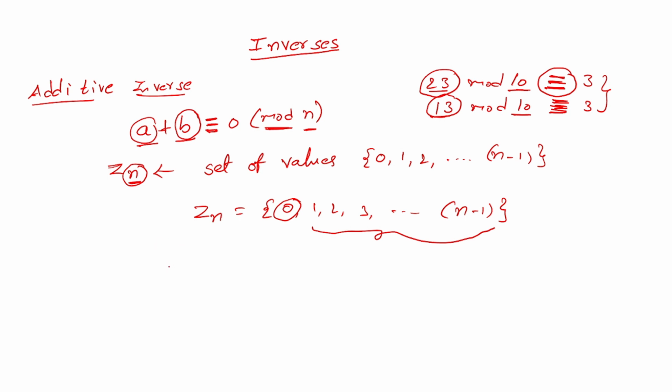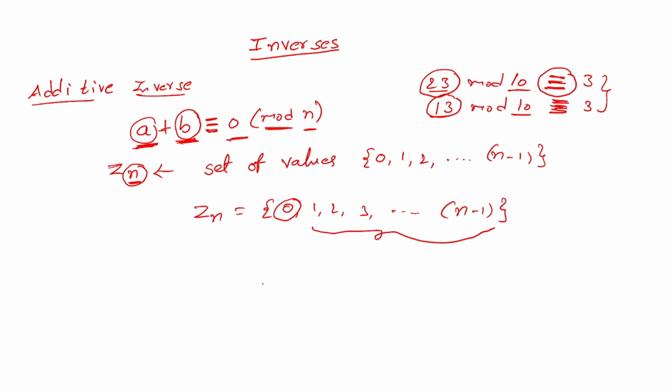So here, the sum of an integer and its additive inverse is congruent to 0. Then b is the additive inverse of a.